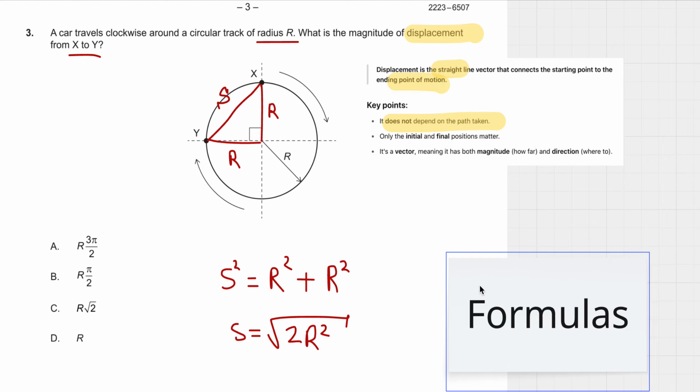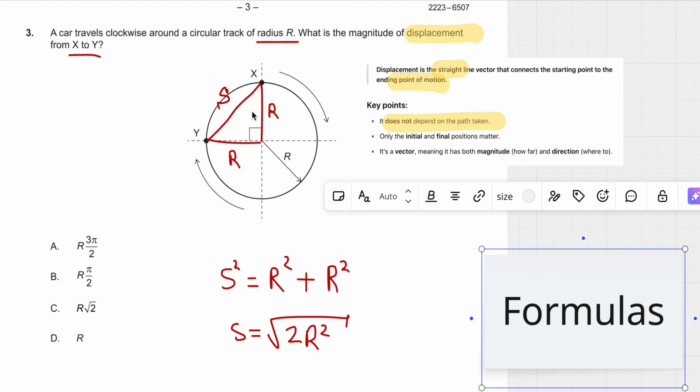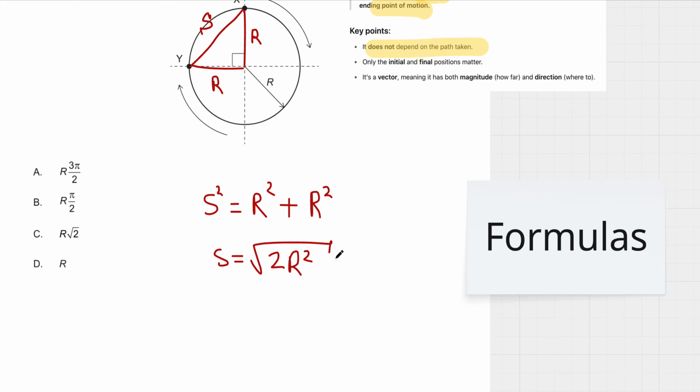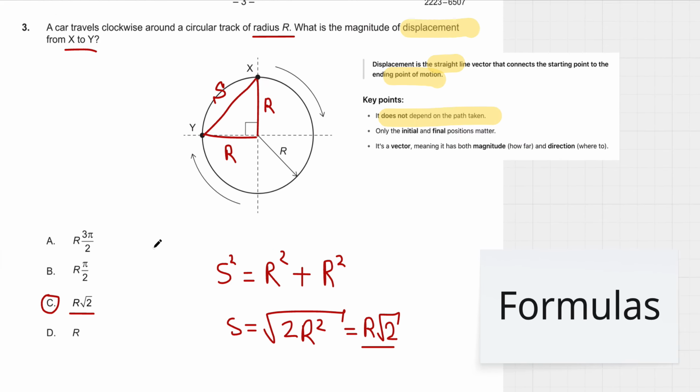And it is here. s squared equals r squared plus r squared. Using the mathematical formulas, we end up with this, which will be equal to r square root of 2. So which one is matching our answer? It's C. This is the answer to question number 3.